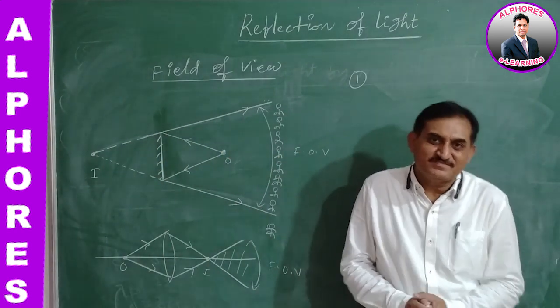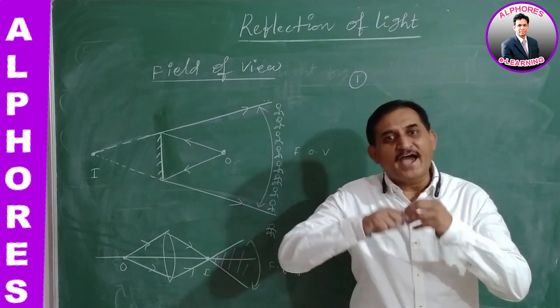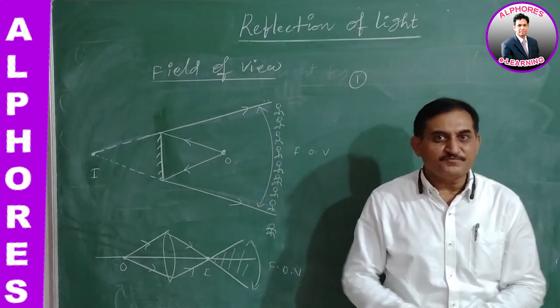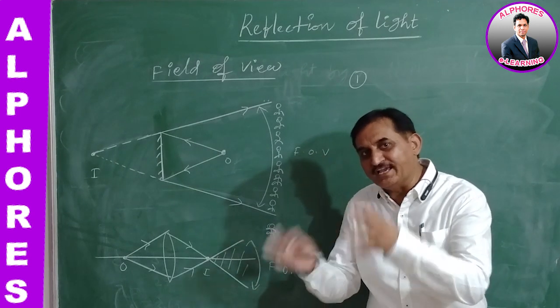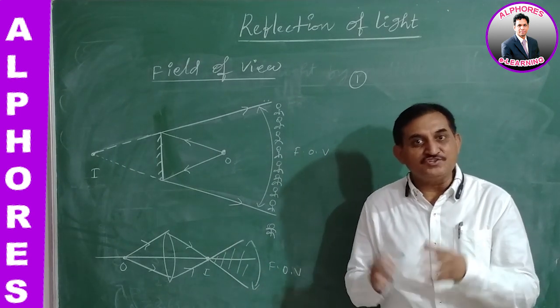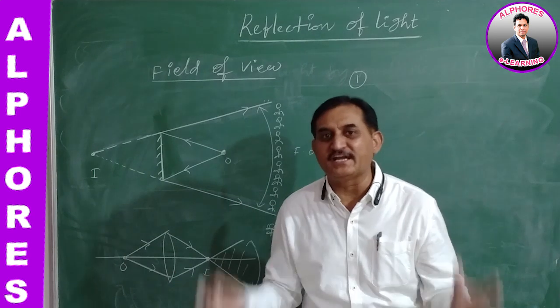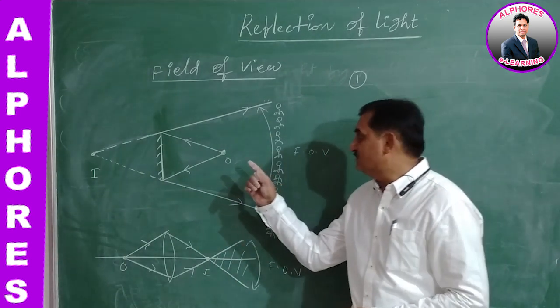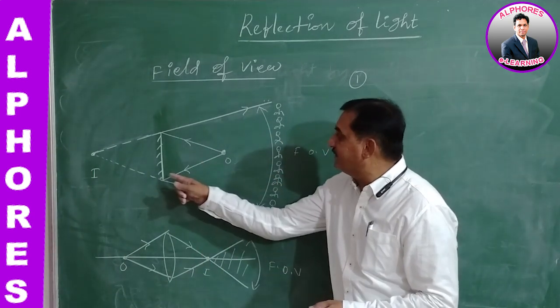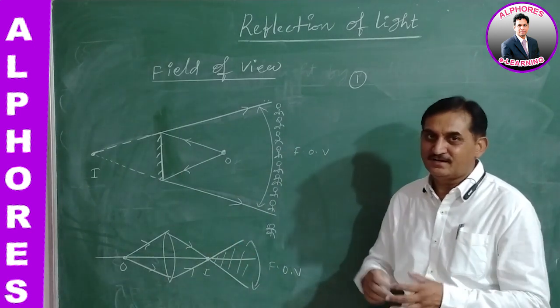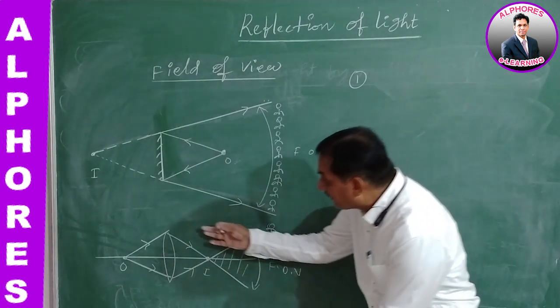The field of view has its own boundary lines. That finite region is decided by the extreme light rays which are reflecting, or the extreme light rays which are refracting.